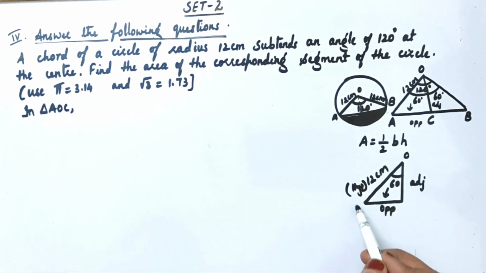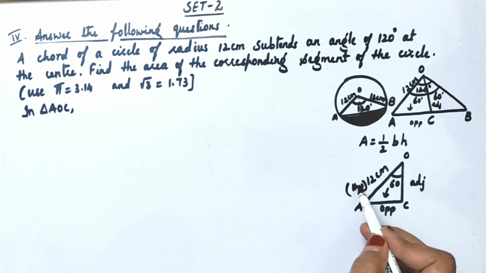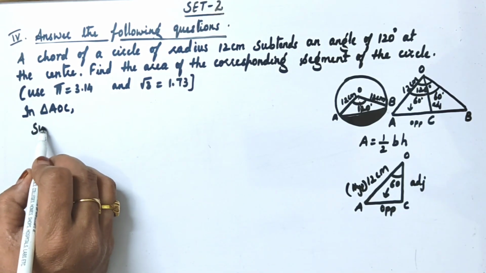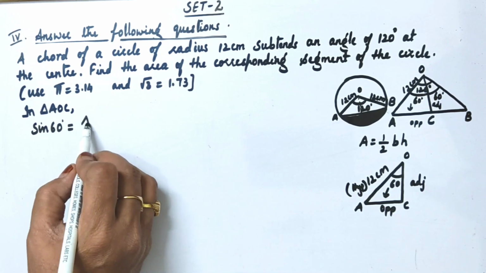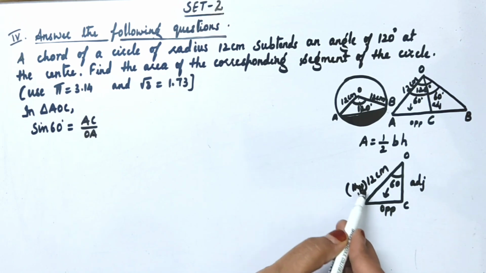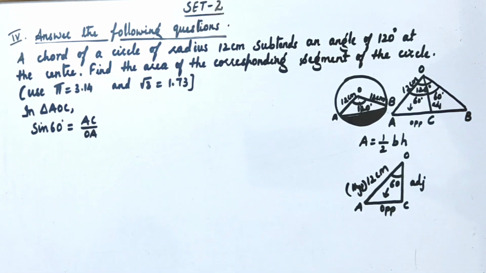This is OAC. Now we need to find out the opposite side. Opposite is there, hypotenuse is given. Opposite upon hypotenuse is the sine. So sine 60 degrees equals opposite AC upon OA.